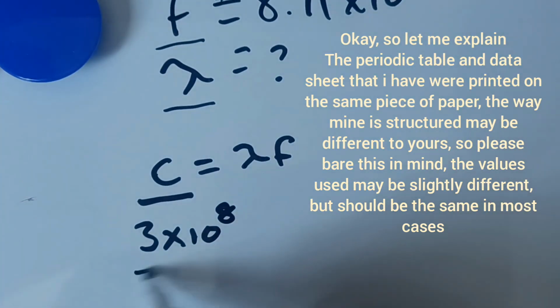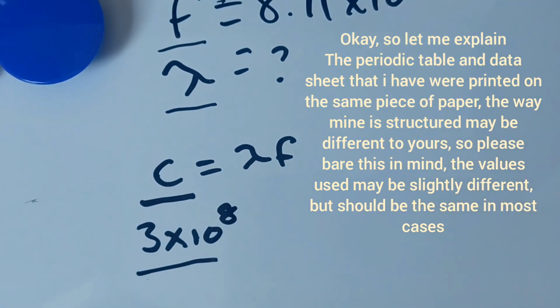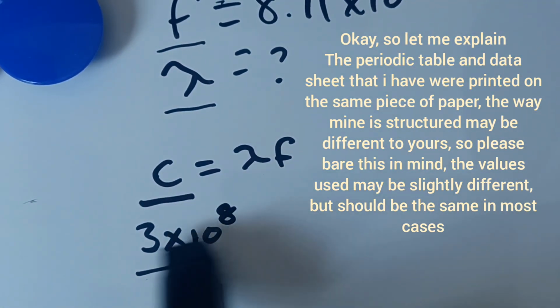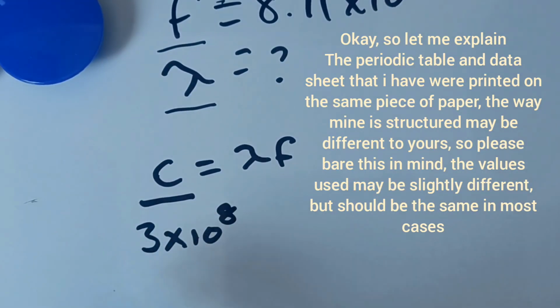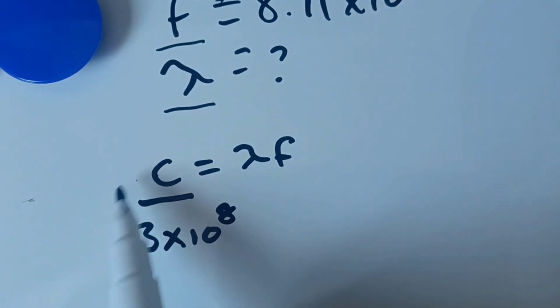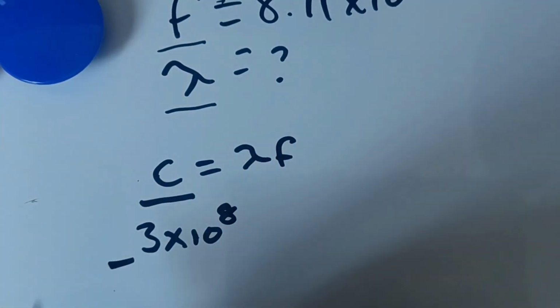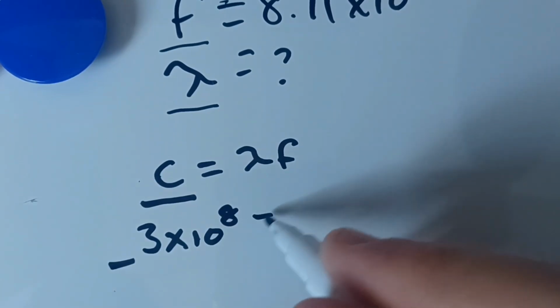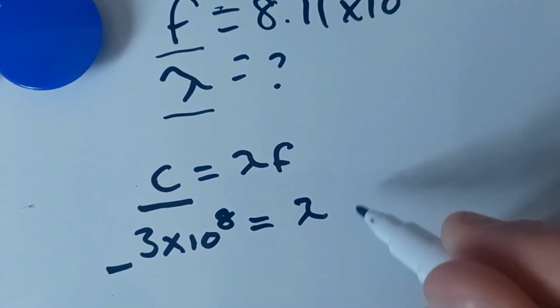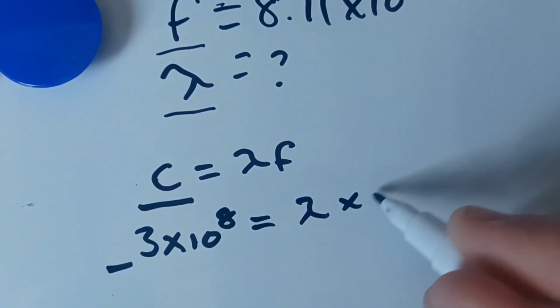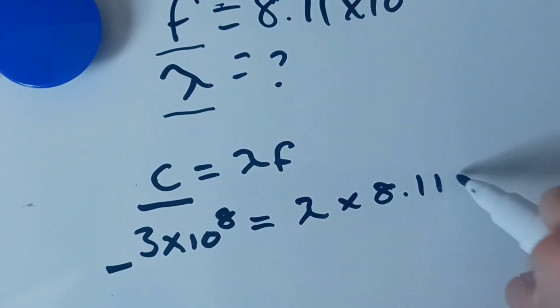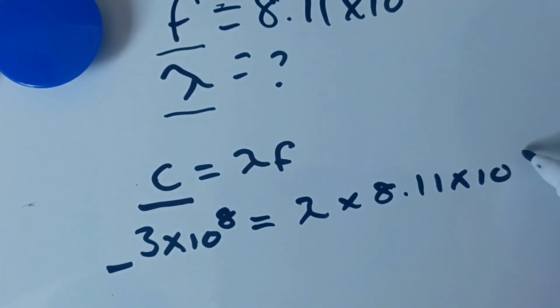This is the same value throughout physics and throughout chemistry. So when doing these foundational physics paper marks, you can just use C is equal to 3 times 10 to the 8. So 3 times 10 to the 8 is equal to our wavelength times 8.11 times 10 to the 15.